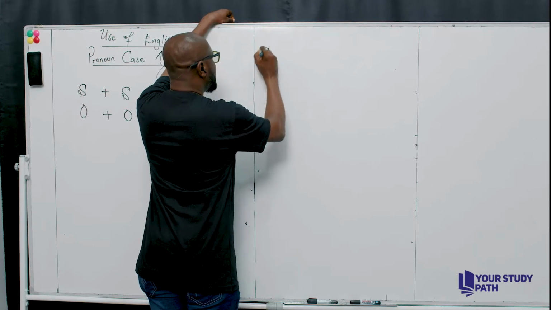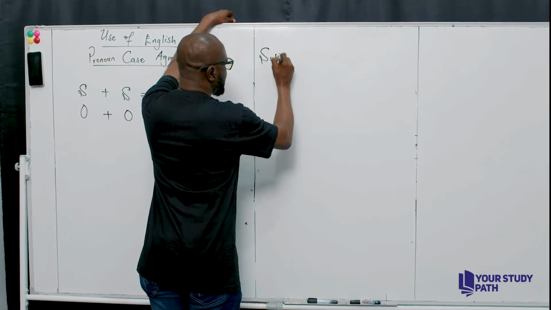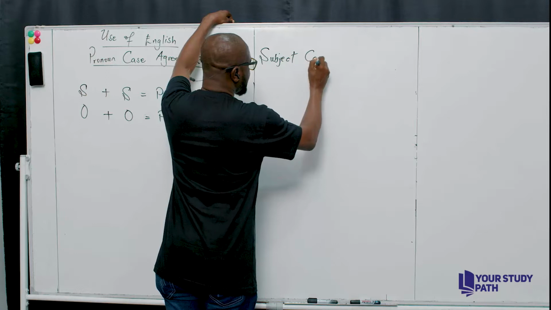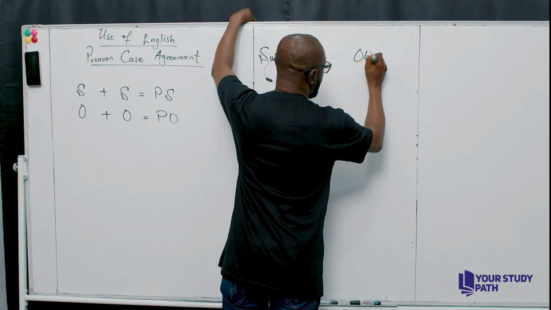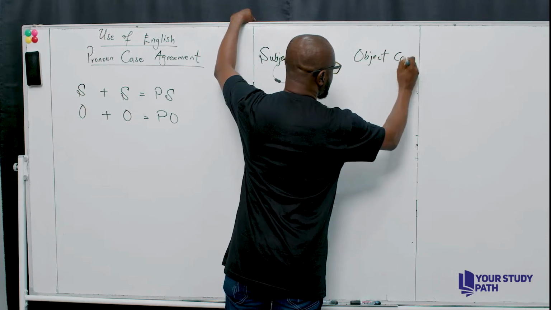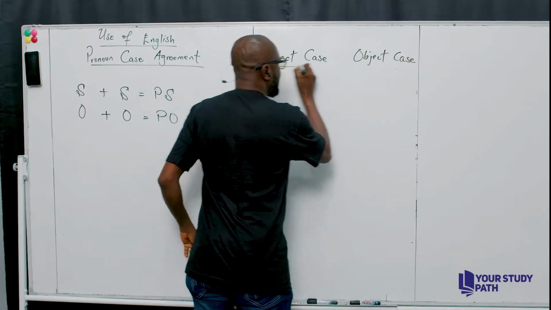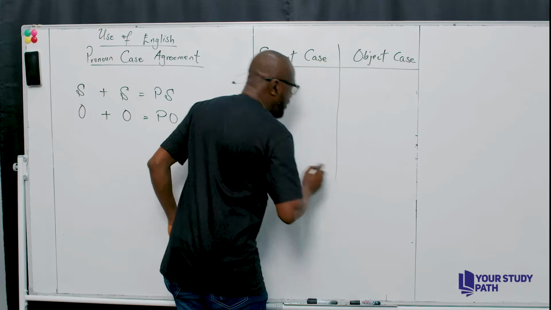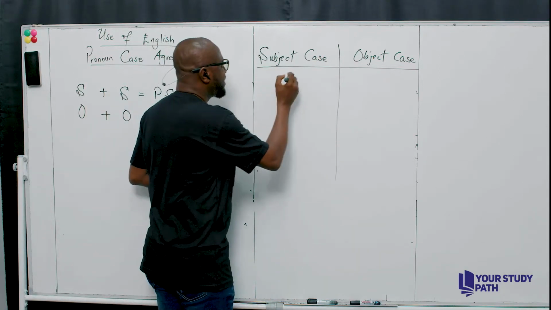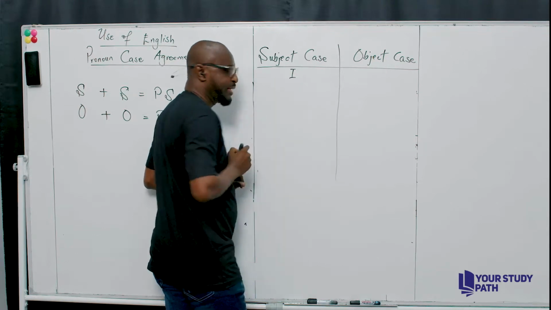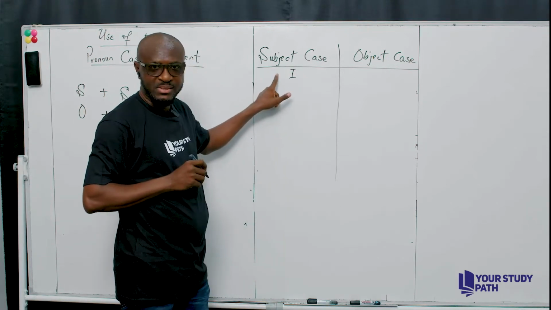I'll have two different columns with different tag names. The first one, I'll call subject case. The second one, I'll call object case. Now, let's begin like this. I have "I" as the subject case.